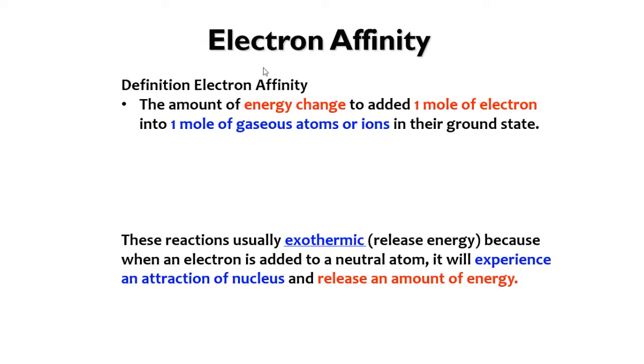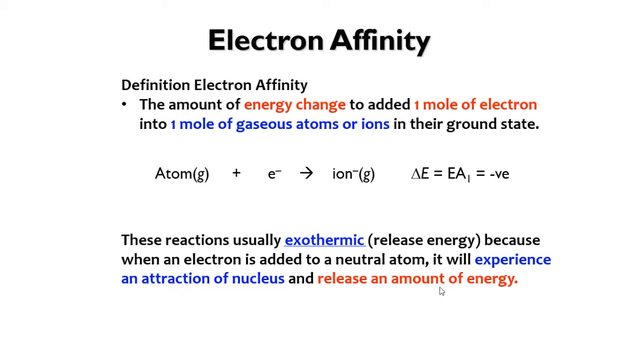Next, what is electron affinity? The amount of energy change. The change can be exo or endo, but over here, normally it is referred to as exothermic, releasing energy. Why? Because when an electron is added to a neutral atom, it will experience an attraction from the nucleus.